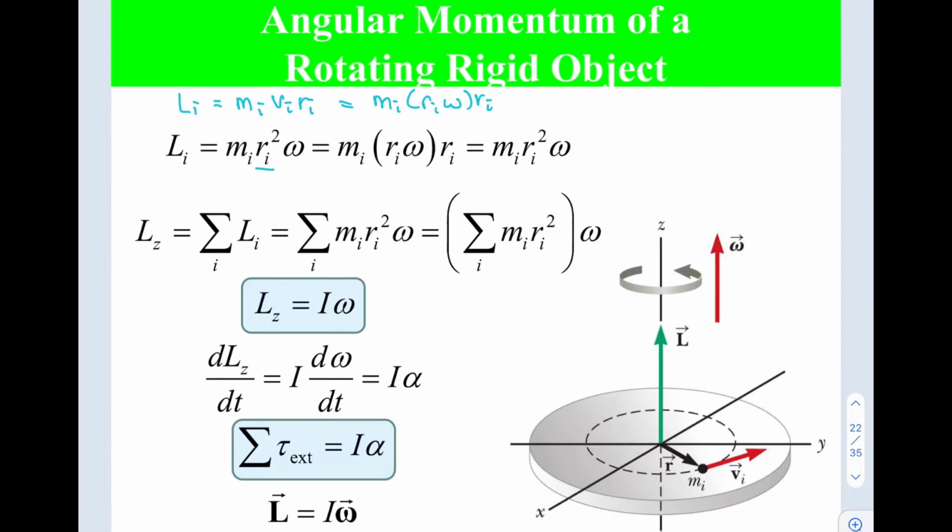That is how we have mi ri squared omega.